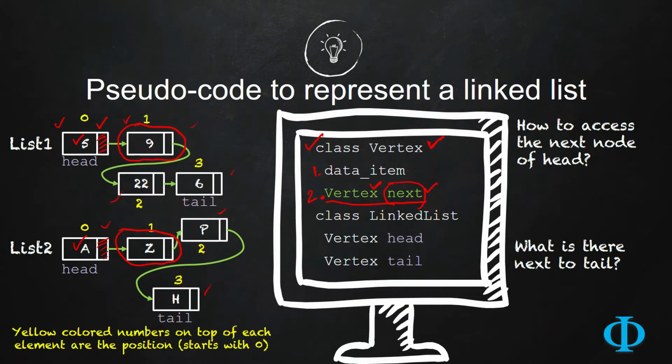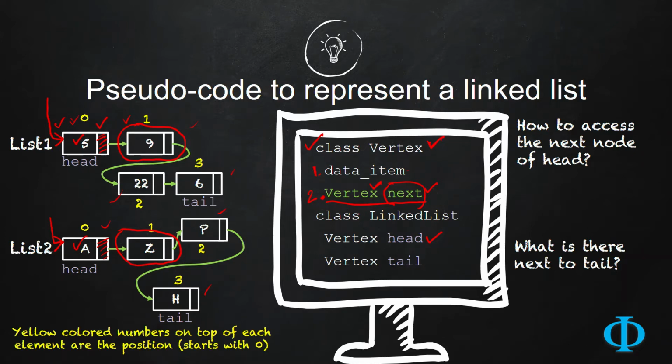Now, among these nodes, the first node is very special in a linked list. This first node in any linked list must be taken care of separately. Why? Because if you lose the track of this node, you cannot access any of the elements inside the linked list.